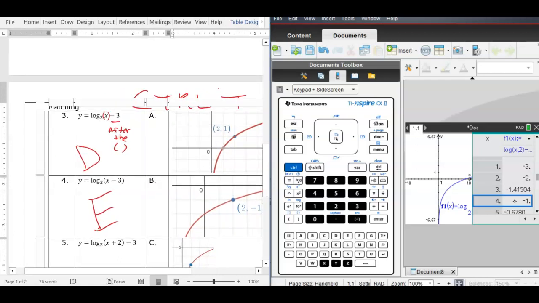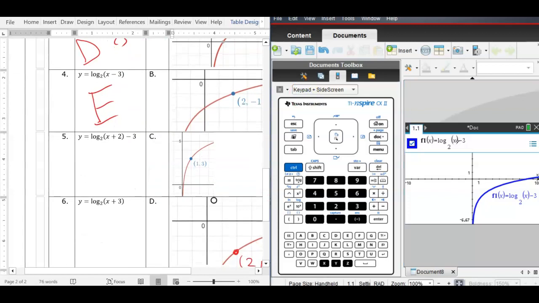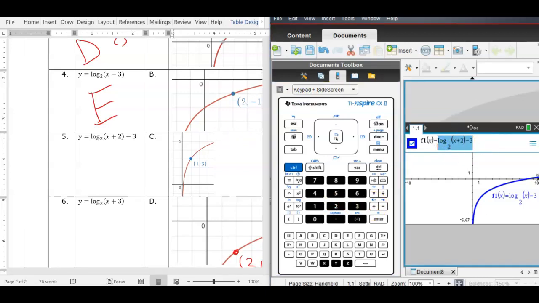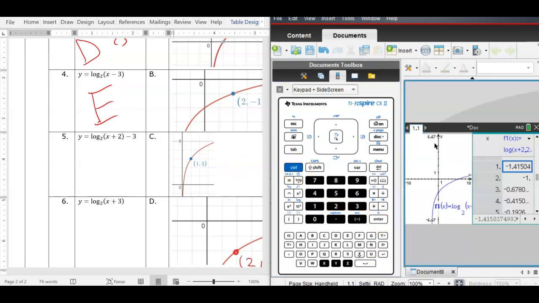Okay, so please be careful about these parentheses when you're doing it. Is it on the inside or the outside? So we're going to see that for sure on number 5. So log base 2 of x plus 2 and then minus 3. So do you see how this matches number 5? Hit enter, hit Control T, and I got some good points here.